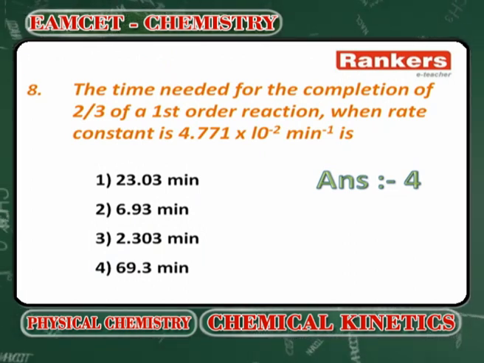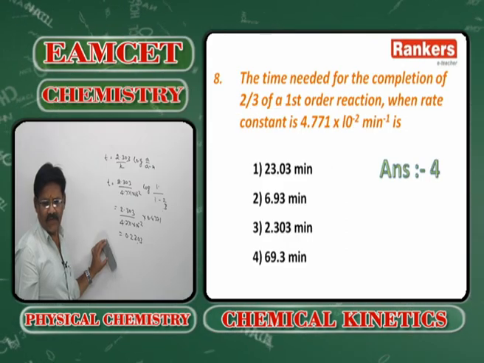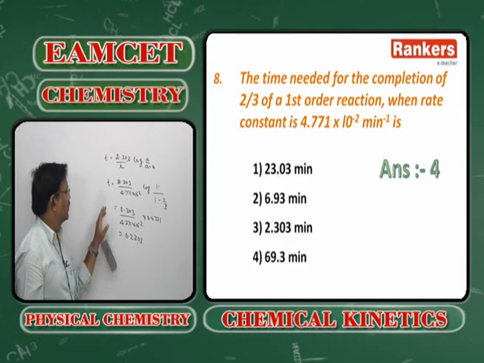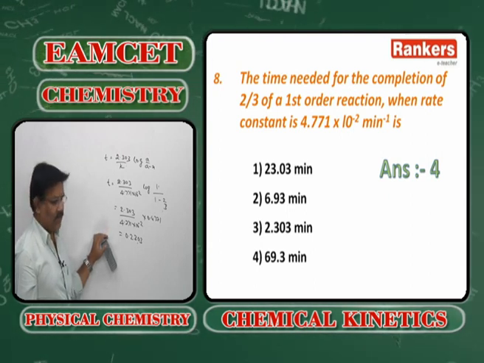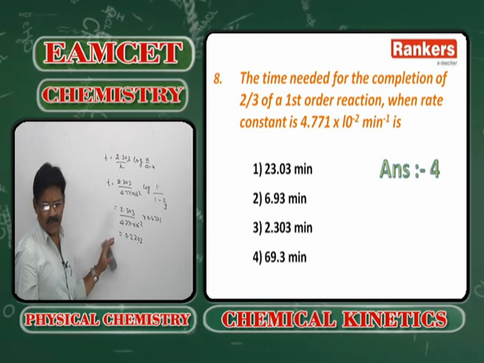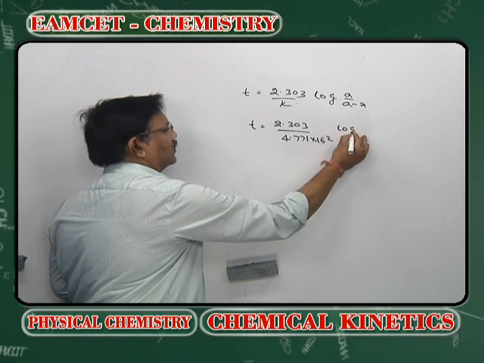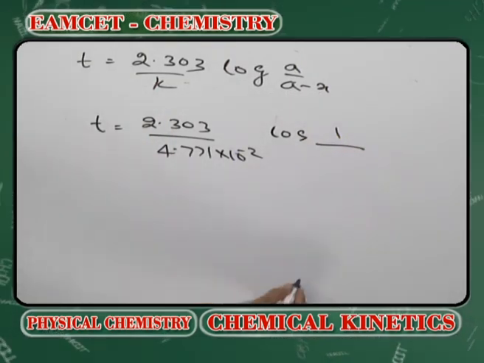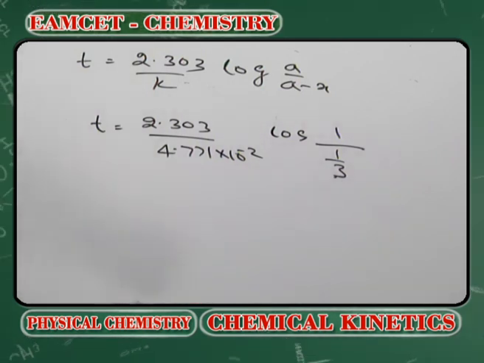The time needed for the completion of 2 by 3 when the rate constant is 4.771 into 10 to the power of minus 2 per minute. This will be log of 1 by what is left over for the completion, 1 by 3, so log 3.